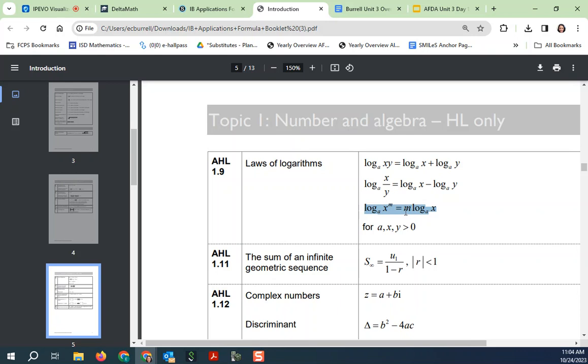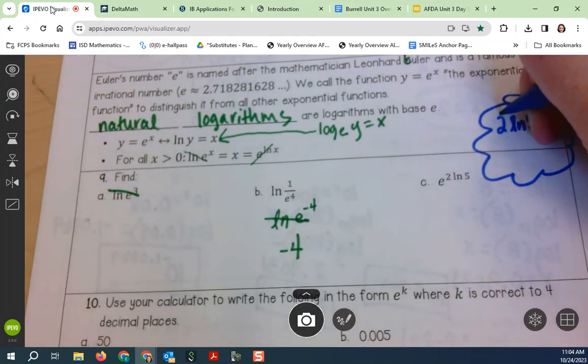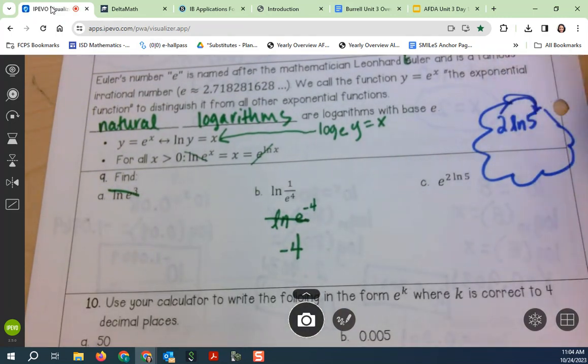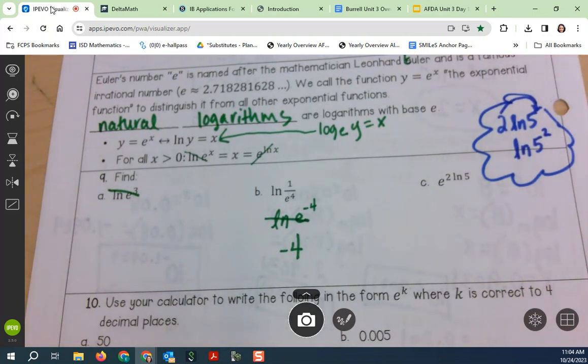I'm going to take that 2 and it can become an exponent on the x. This is another property of logarithms. It says these two things are equal to each other. So going back over here, this 2 can become an exponent on the 5. So 2ln5 is equal to the ln of 5 squared.